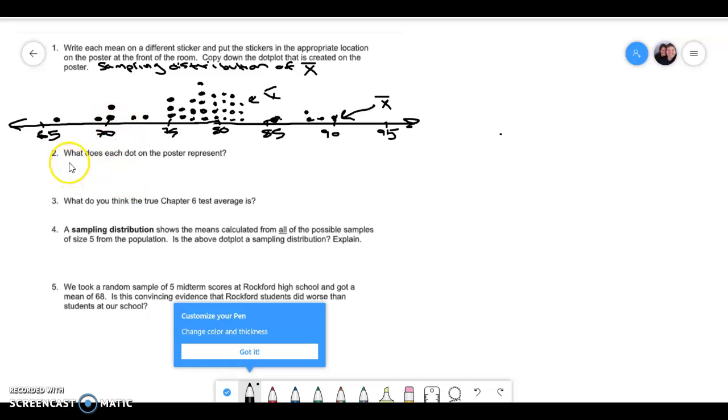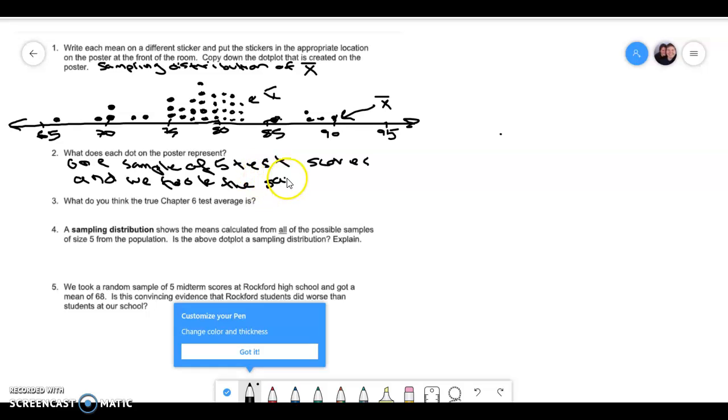So each dot represents 1 sample of 5 test scores, and we took the average, so we took the mean of those, and we took the sample mean.